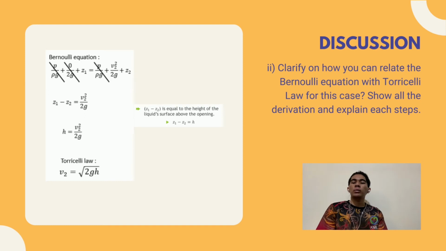Z1 minus Z2 is equal to the height of the liquid surface above the opening, which means Z1 minus Z2 equals H, and H will be substituted into the equation. H equals V2 squared over 2g. From this equation, we get Torricelli's law, which is V2 equals the square root of 2gH.